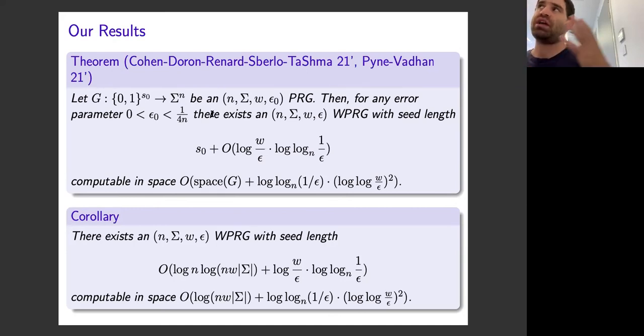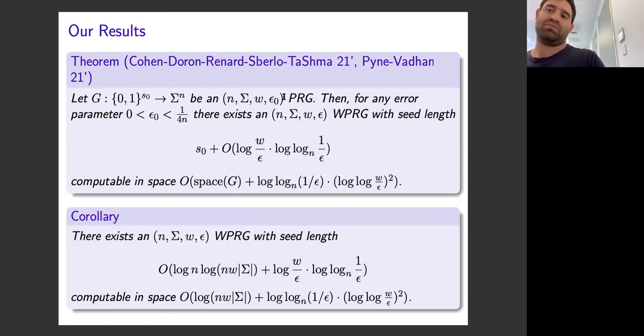So you start with any PRG that you want, an ε₀ PRG for width-w BPs with some seed length s₀. Then we construct another PRG, still for width-w BPs, of the same length and over the same alphabet, but with a smaller error ε rather than ε₀.